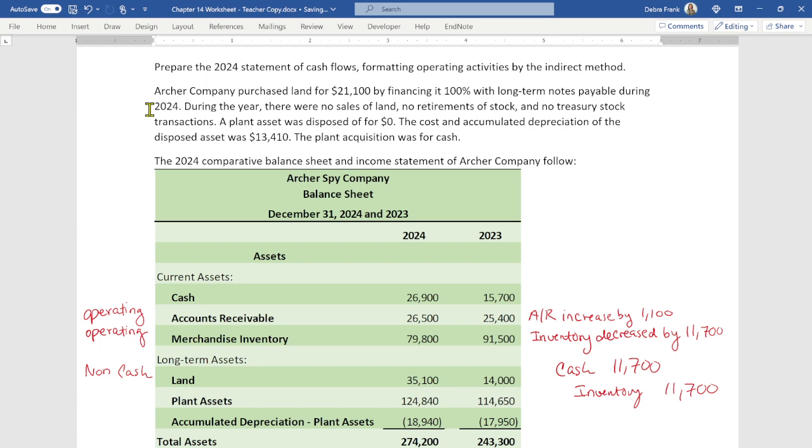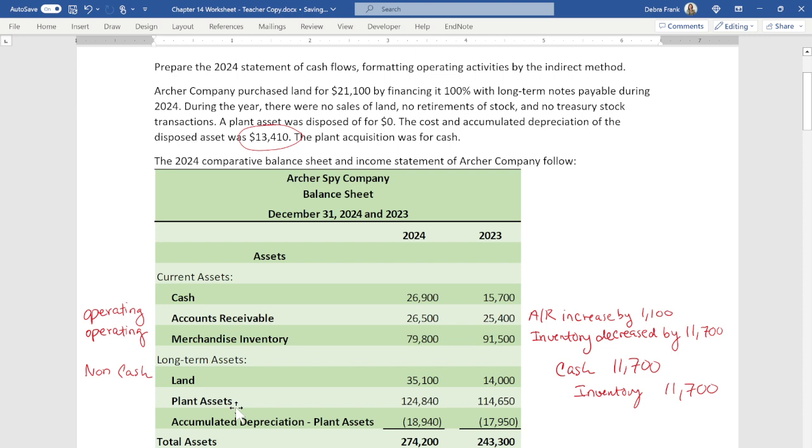A plant asset was disposed of for $0, and the cost and accumulated depreciation of that disposed asset was 13,410. We'll need this later because that was a disposal of a plant asset going down, so that would be 13,410 that we need to account for in this plant assets section.